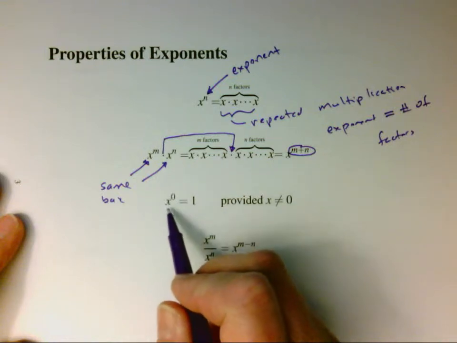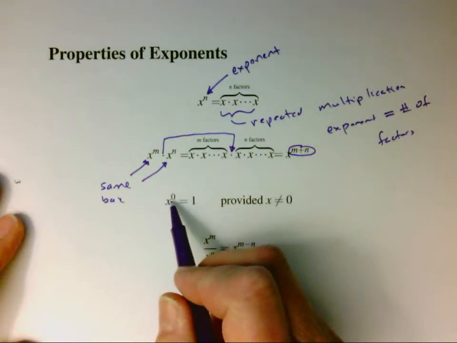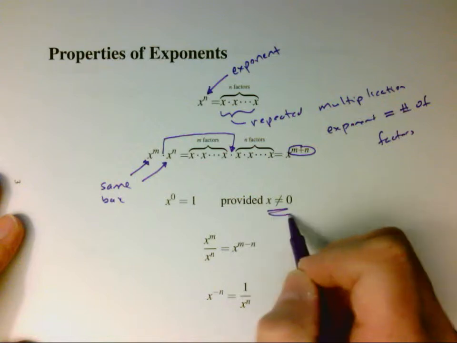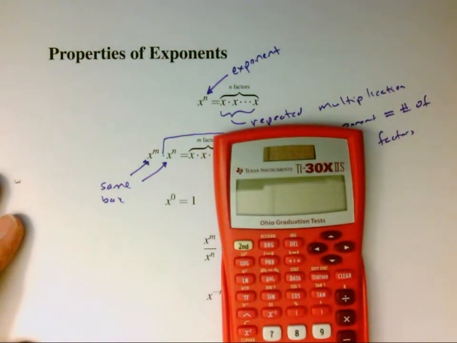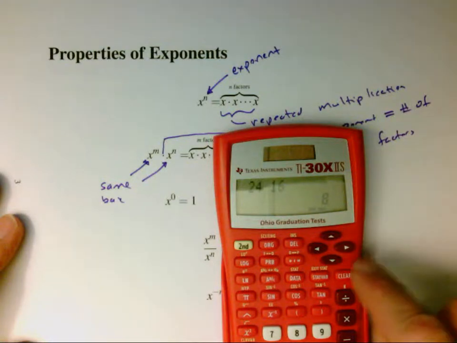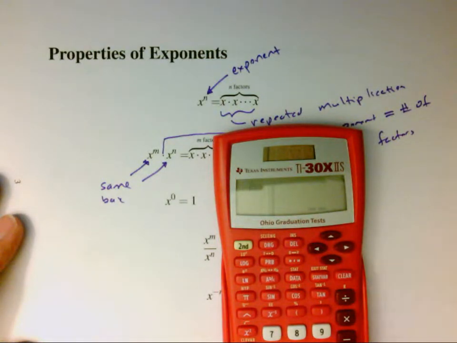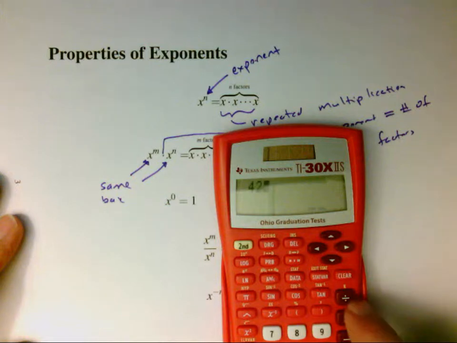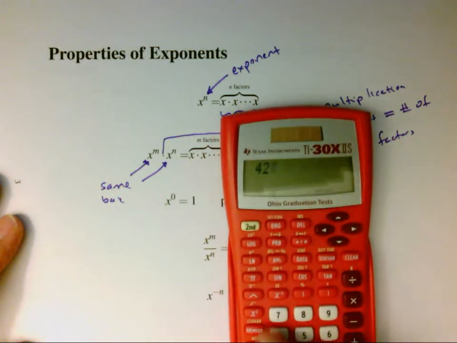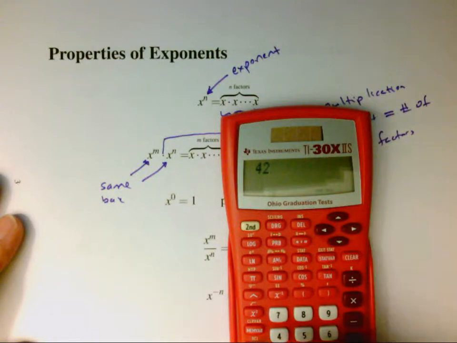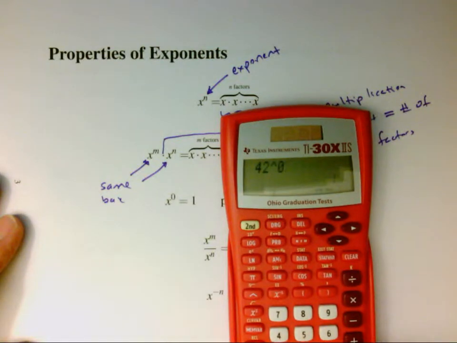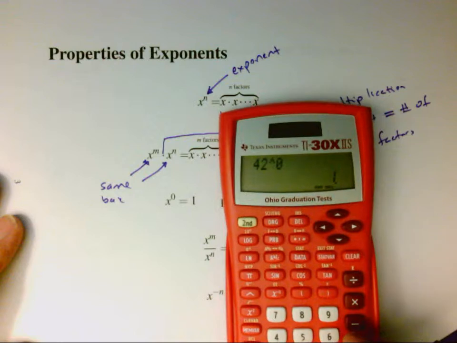We have to clarify briefly what we would mean by x to the 0. Provided x doesn't equal 0, x to the 0 equals 1, and you can verify that on your calculator. Say 42 to the, I'm using the exponent button on the calculator here, that's the little caret shape, to the 0 power, we'll get 1.